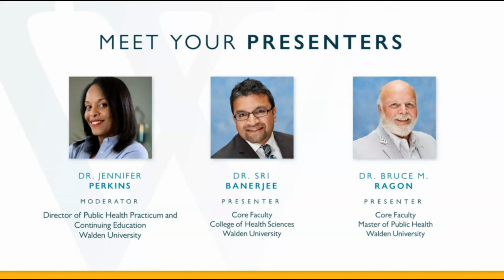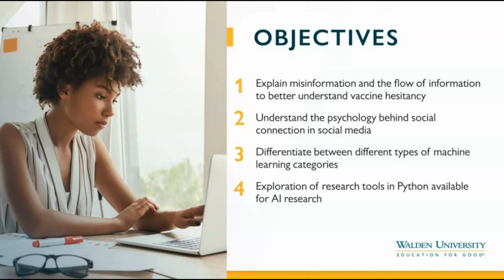I'm going to run real quick through the basics of what we'd like to address this afternoon. First and foremost, we want to explain misinformation and the flow of information to better understand this concept of vaccine hesitancy. What makes this so critical is that we don't seem to be getting better. I'm hoping that we're not getting worse, but we don't seem to be getting better.